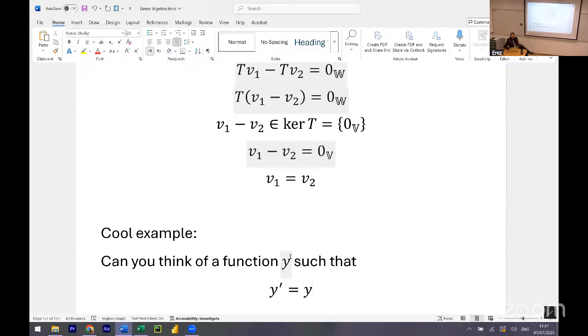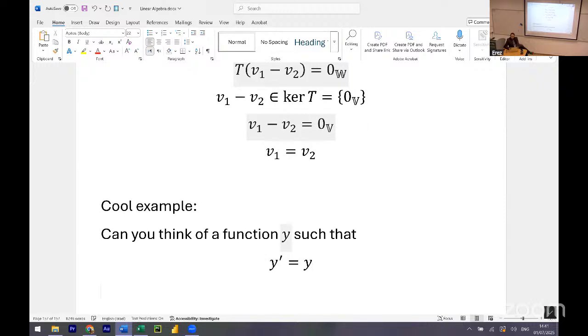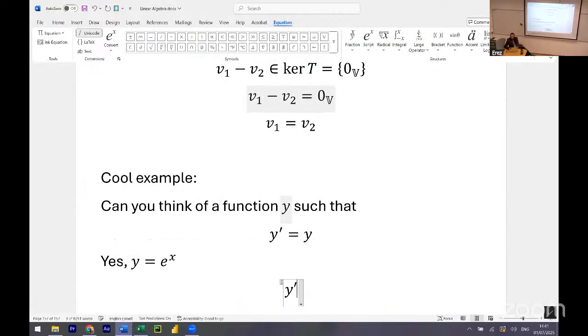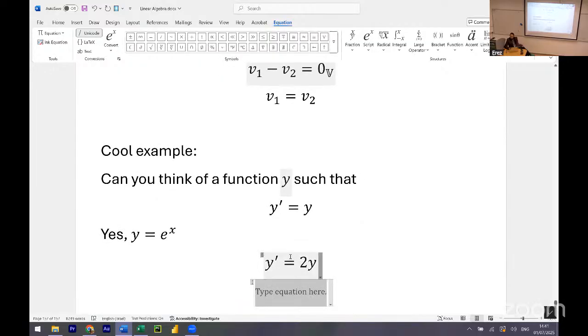Yes, y equals e to the x. Agreed? That is not yet the cool thing. And how about y prime equals 2 times y? e to the 2x. Okay?